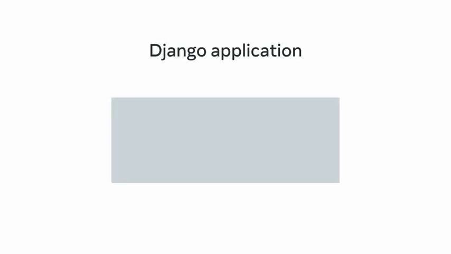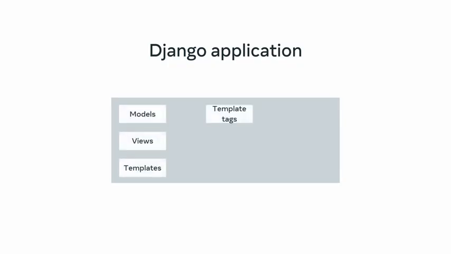That's why the application registry maintains metadata in an app config instance for each installed application. Applications usually include some combination such as models, views, templates, template tags, static files, URLs, and middleware. Don't worry if you do not understand all these terms yet. You'll learn about them all later in this course.